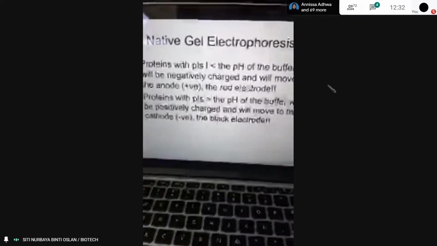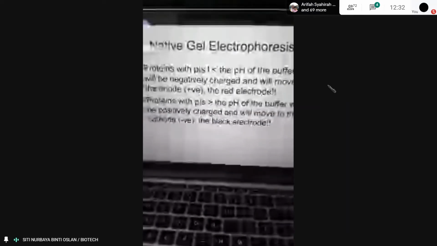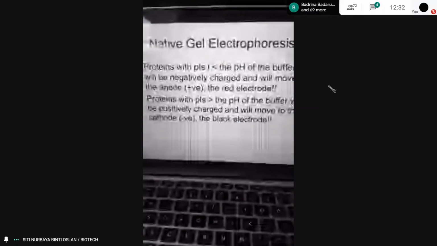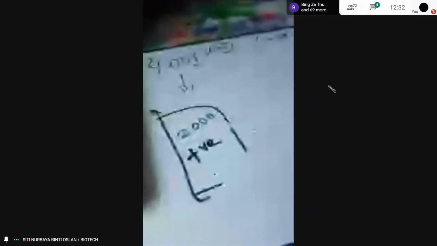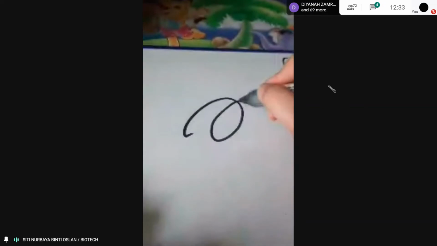For native gel, the protein is still in the native shape. Okay, this is the native state of the protein, for example the T1 lipase. It comes with multiple parts.